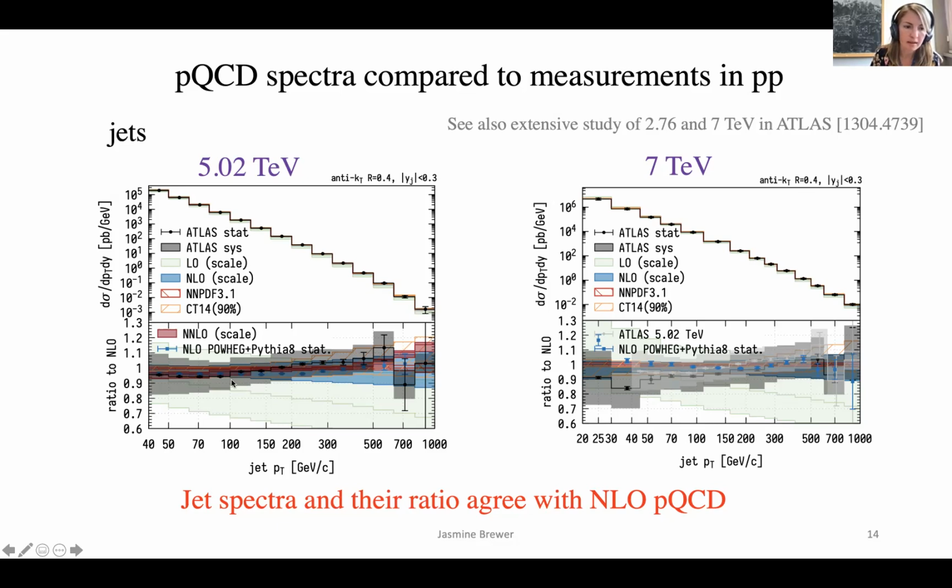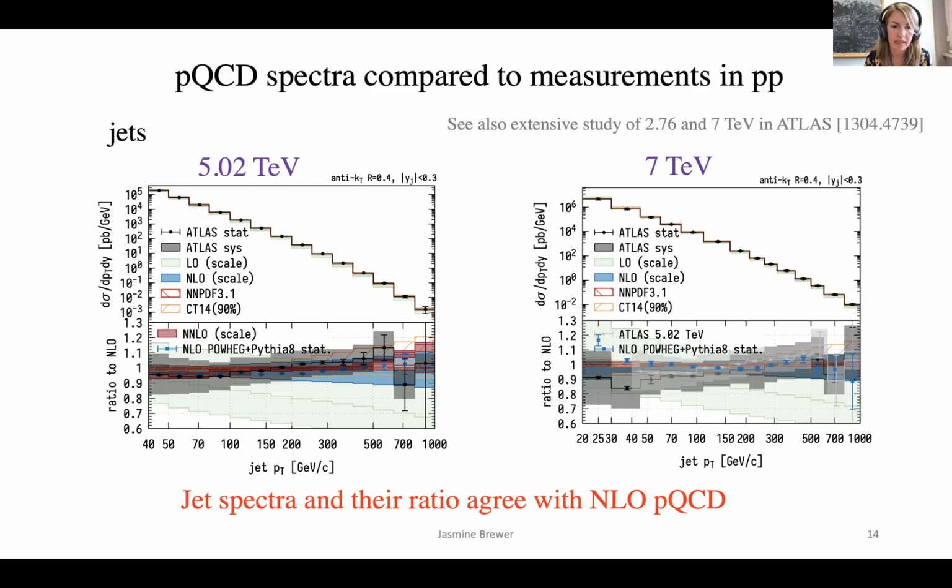expectation. And this is the case for the partonic expectation, which is what we're dividing by, but also when we include showering effects, which is what's shown in these blue data points here. If anything, it captures some of the trend of the data at high pT.